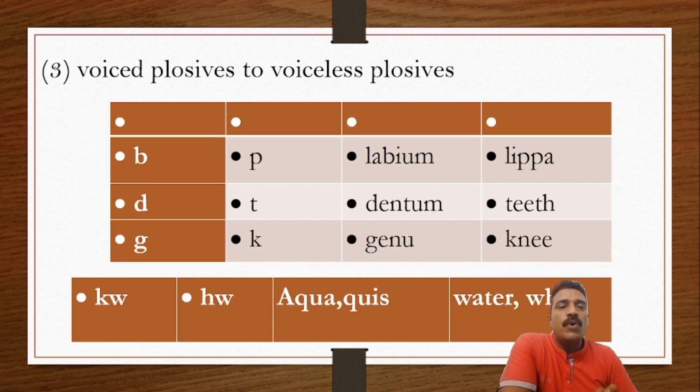Voiced plosives to voiceless plosives, that is b to p, labium to lip, d to t, that is dentum to teeth, g to k, that is genu to knee. And the fourth one is kw to h, aquis and aqua to water, and quis to who.